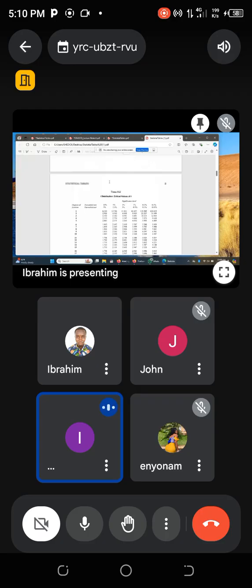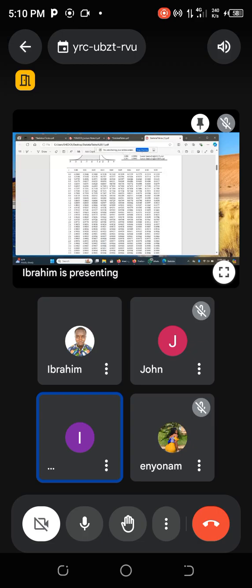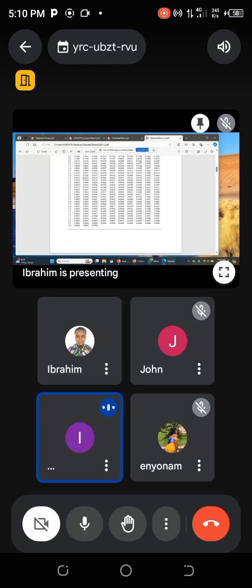So 0.95, we try and look for the 0.95 from the table. You see here is 0.94. That's not what we need. So we continue to look for 0.95. Here is 0.925. That's not what we need. Here is 0.9515.